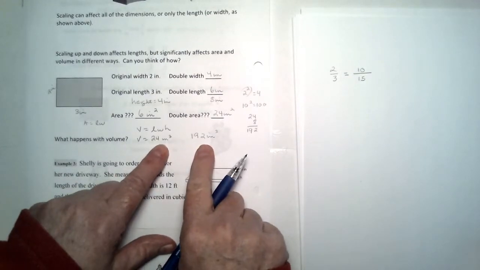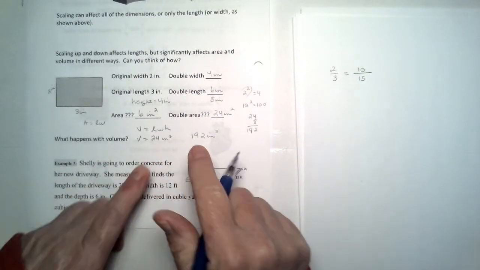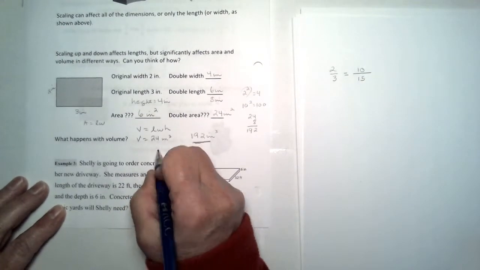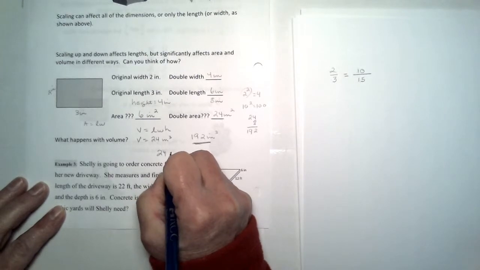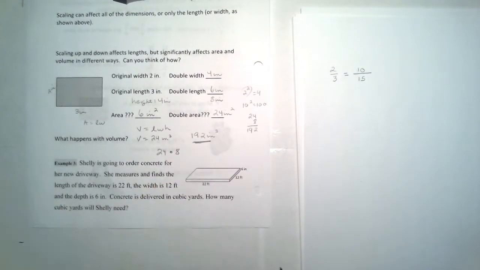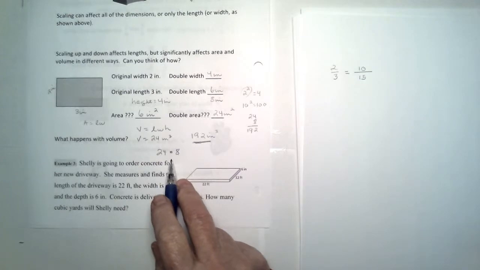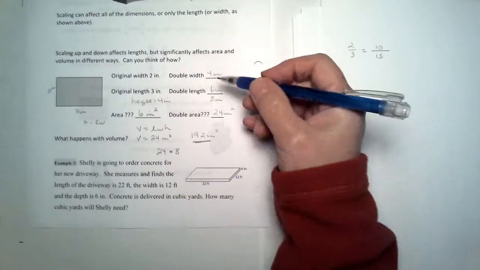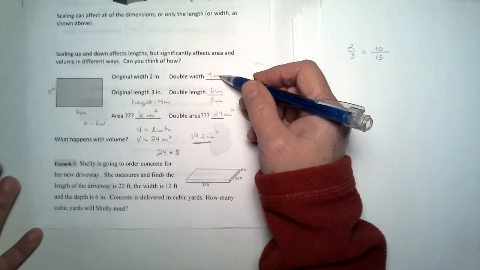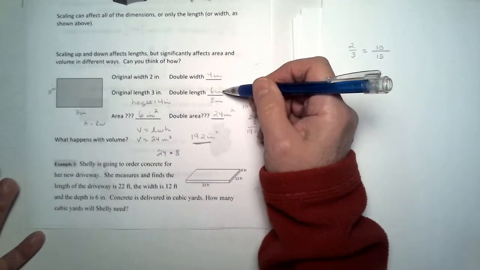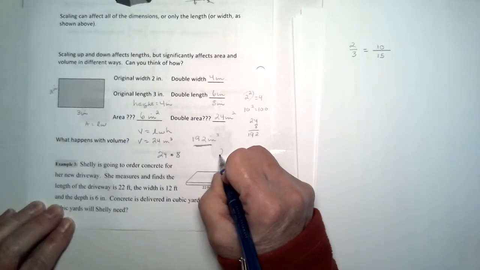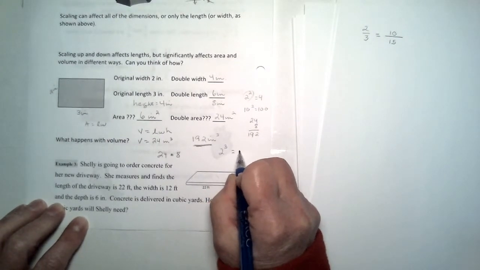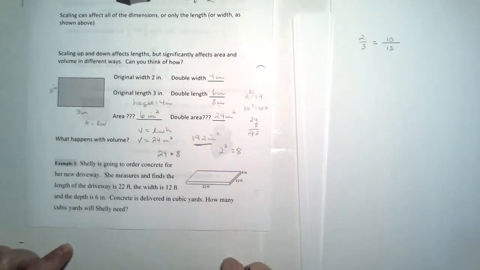And if I compare these two, you'll see that this guy here is 8 times him. 24 times 8. 8 times 4 is 32. Carry your 3. 8 times 2 is 16, plus the 3 is 192. Well, then that all just comes from doubling. But that's because it's double here, double here, double here. That's double 3 times. And doubling 3 times is multiplying by 8.